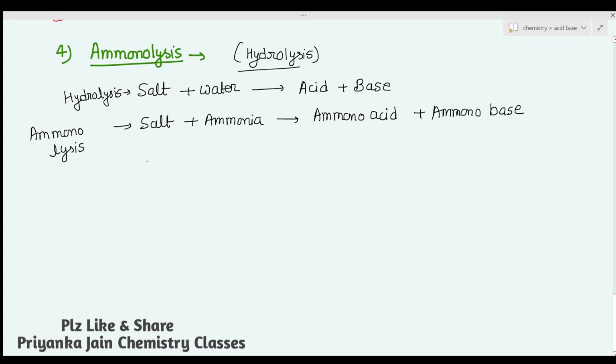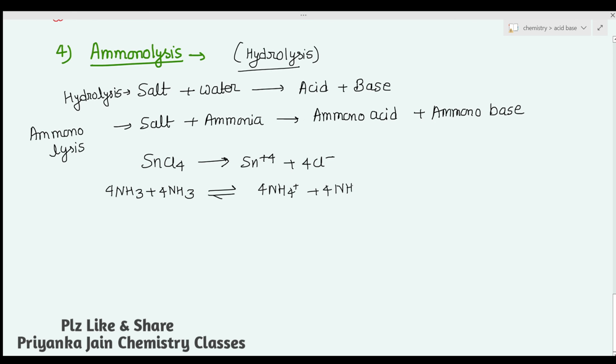For example, see here one reaction. If we are treating SnCl4, it forms Sn4+ plus 4Cl-. Now we take ammonia, 4NH3 plus 4NH3. Its autoionization happens and it forms 4NH4+ plus 4NH2-.